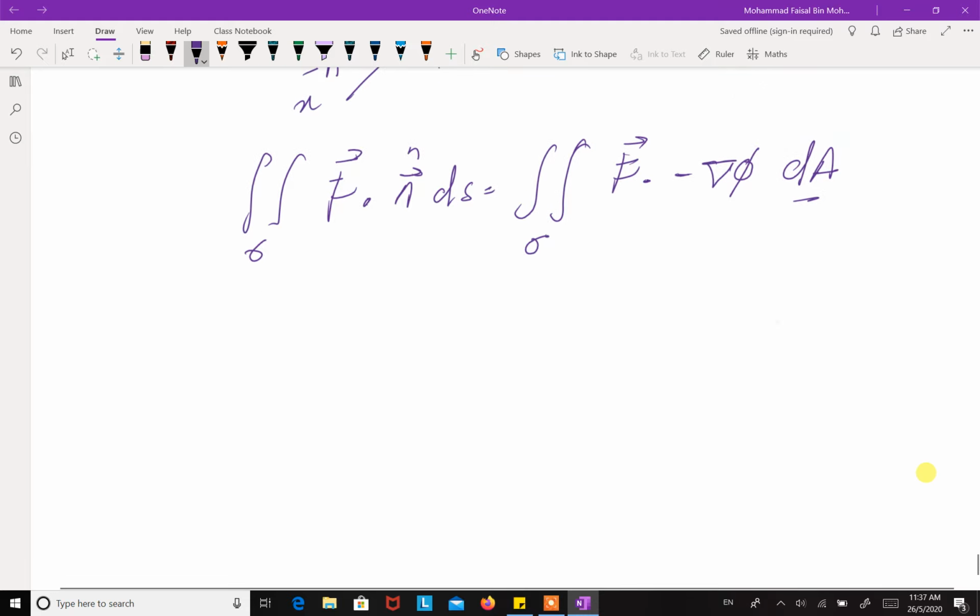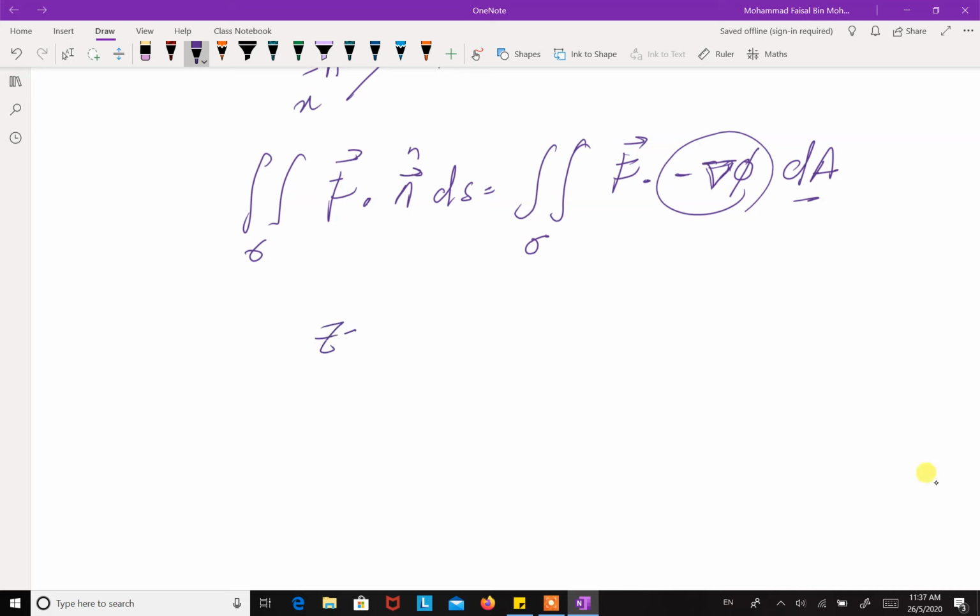So we have to find the negative gradient. Remember the theorem, you can do it step by step to get the gradient of phi.